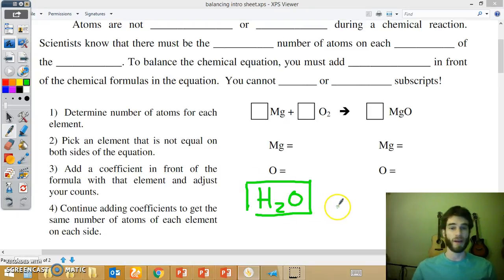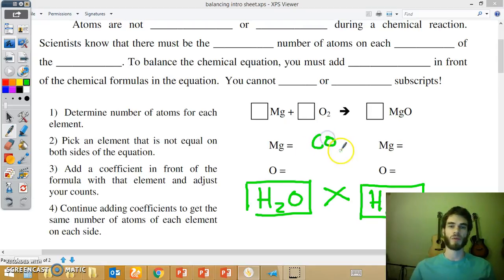It keeps you alive. You have to drink to stay alive. But if you drank, say, a half gallon of this hydrogen peroxide, it would quite possibly kill you. So those two things are not at all the same. And what was the difference? Just one tiny little subscript right here.